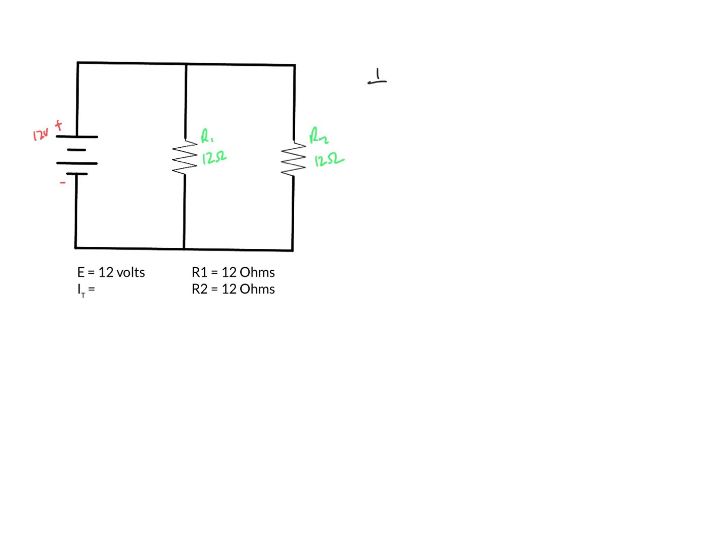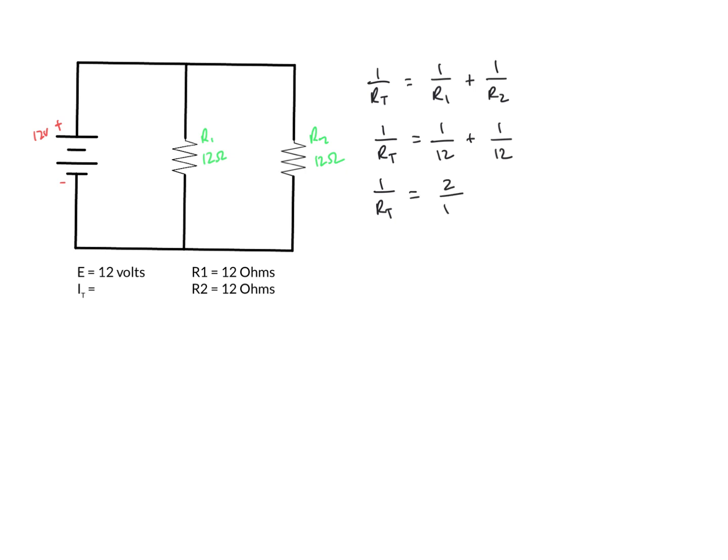So we'll do that real quick. So it's 1 over RT equal to 1 over R1 plus 1 over R2. Substitute in our values that we do know. We know that R1 was 12. We know that R2 was 12, which will give us, we don't have to change anything with the denominators.